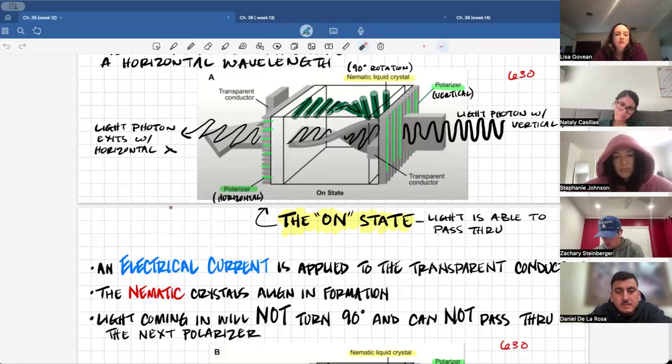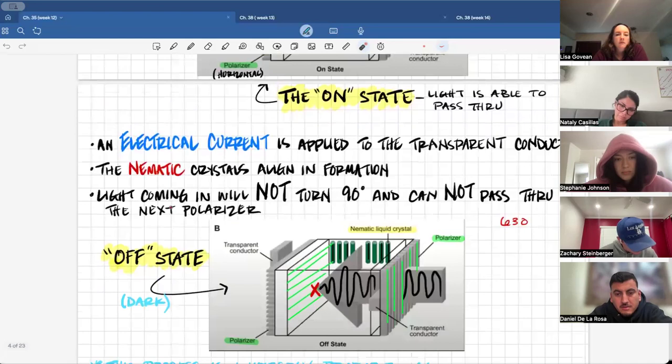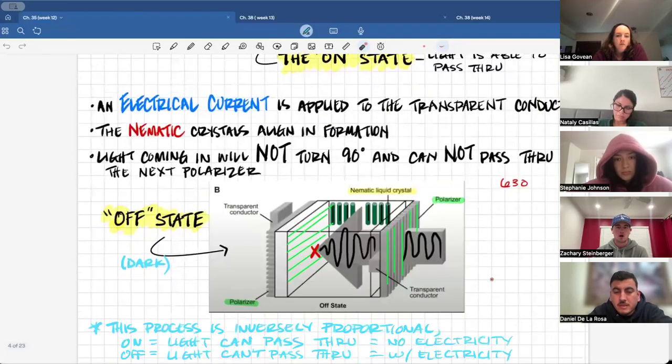And then in the off state, the electricity is on, so the pneumatic liquid crystals don't move, they just go to the side. So when the light wave enters vertically, it doesn't exit because it's not being spun to exit horizontally.